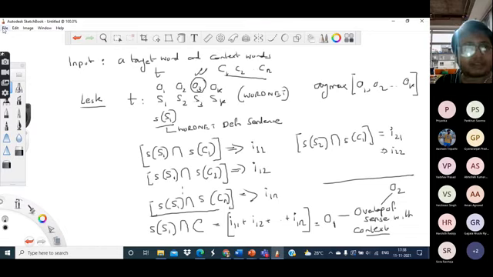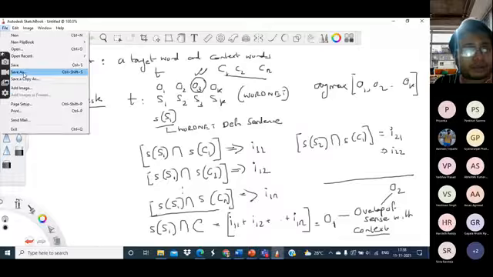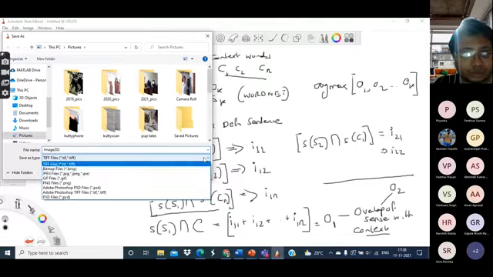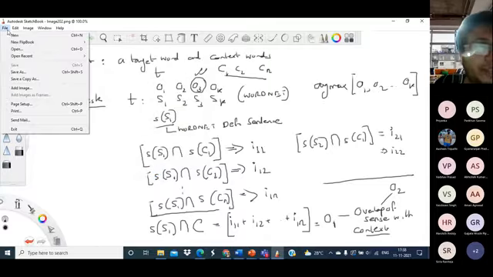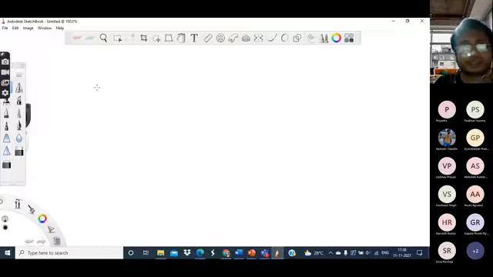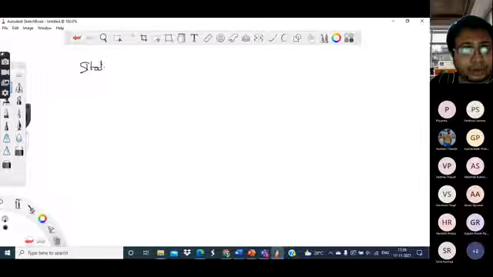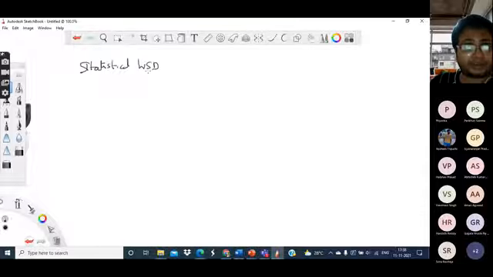Now apart from the LESC algorithm, there are some other approaches to word sense disambiguation also, which you can do. One example which I will quickly give is statistical WSD. If you remember in Monday's class, we had briefly told how to do document classification.